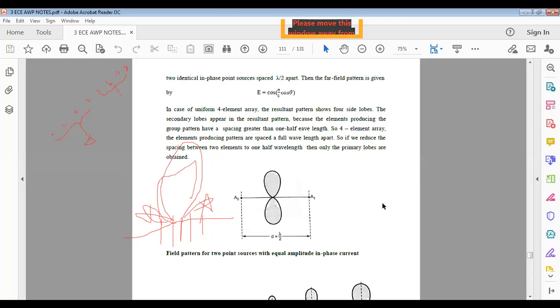But if I reduce the distance between the point sources to lambda by 2 instead of lambda, then it is possible to get strong radiation characteristics from the same group of antennas. See here, if we reduce the spacing between the two elements to one half wavelength, then only the primary lobes are obtained, and the minor lobes are completely suppressed. That is the point here.